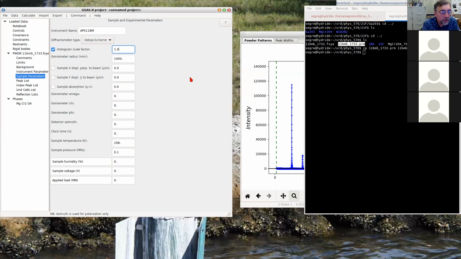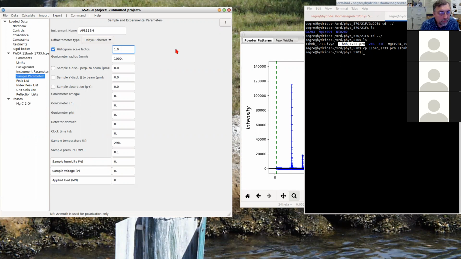So sometimes one of these is usually the one you need to adjust. This is if the sample is not exactly at the center of rotation of the goniometer along the beam direction. So we don't really need to worry about these too much until we do the refinements.